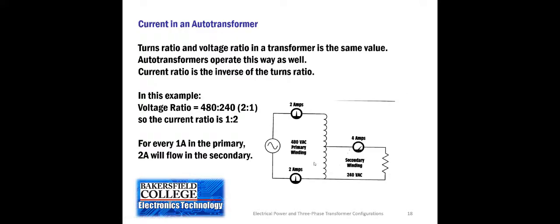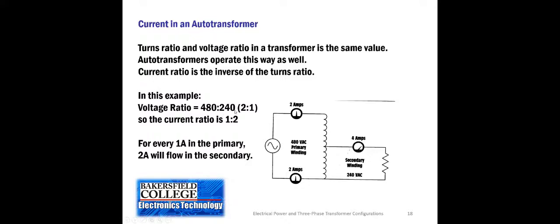In an autotransformer, the current in the primary side is the same throughout all parts of it. The current through the secondary side is the same through all parts of it. It depends upon the turns ratio, but it's opposite. In this case, I have 480 volts coming in and only 240 volts coming out.